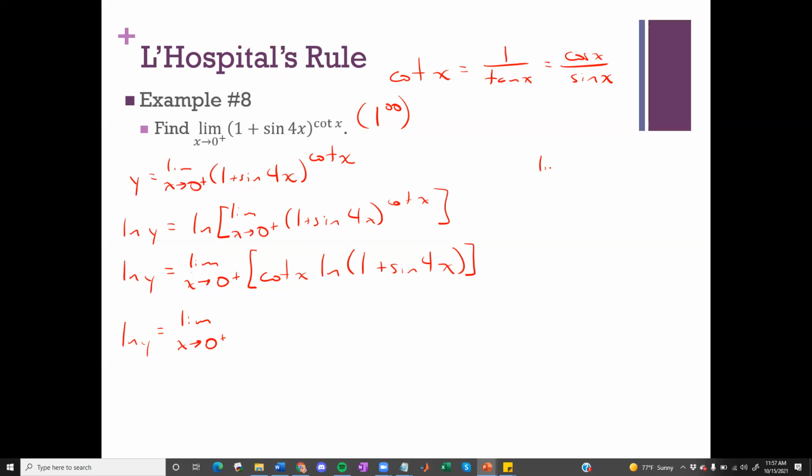Just a refresher, we're looking for the limit as x approaches a of f of x over g of x. What I have now is cotangent of x times the natural log of 1 plus sine of 4x. I would love to make that look like a fraction somehow.